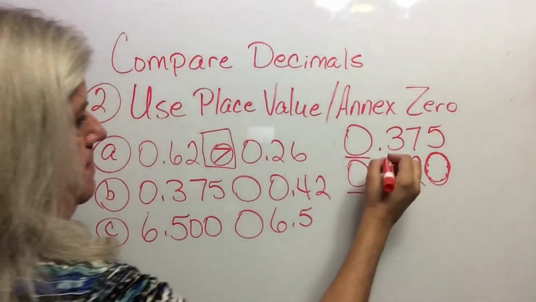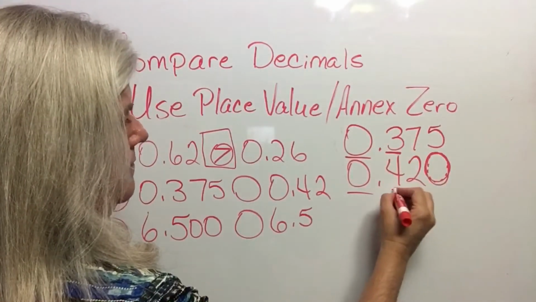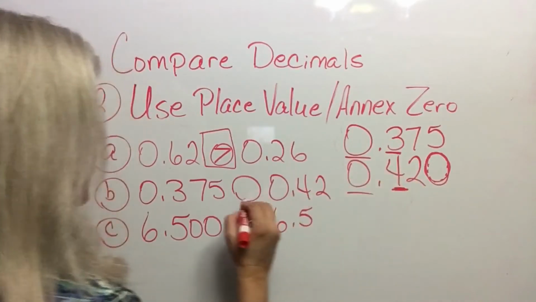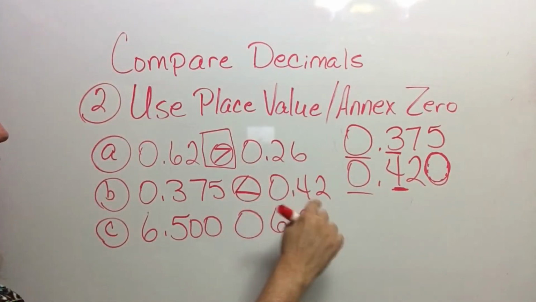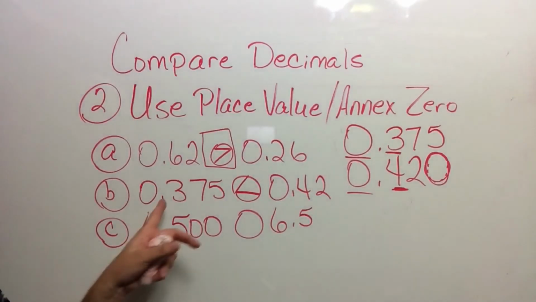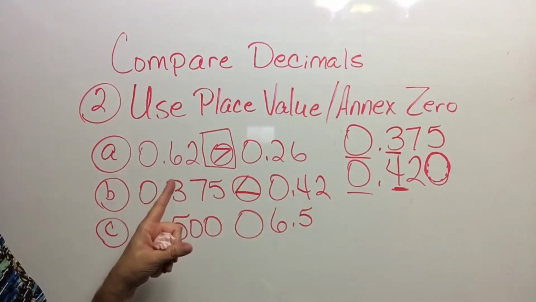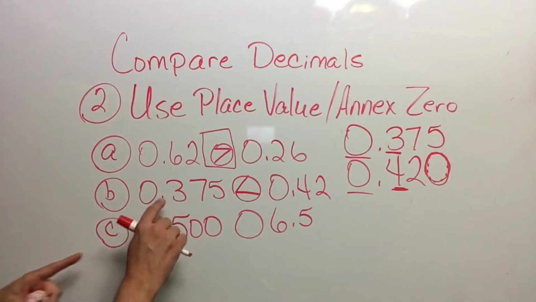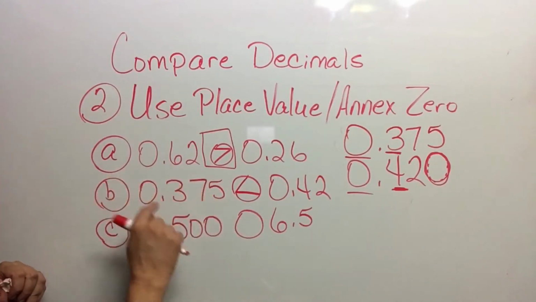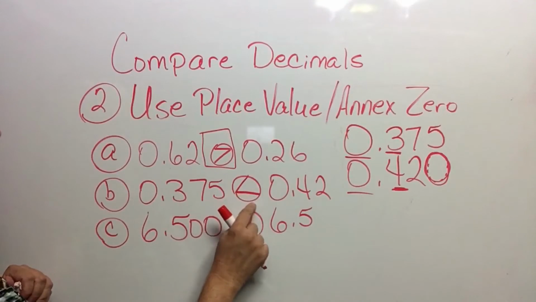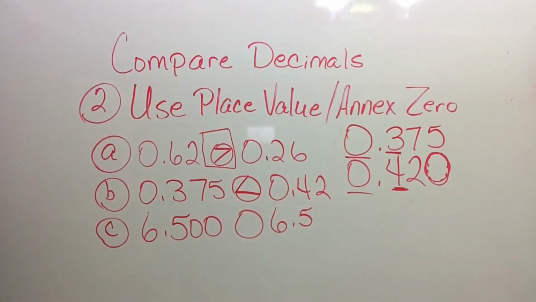Zeros, same, 3 and 4. So be careful, the 4 is larger here, so 42/100 is larger than 375/1000. So 375/1000 is less than 42/100.